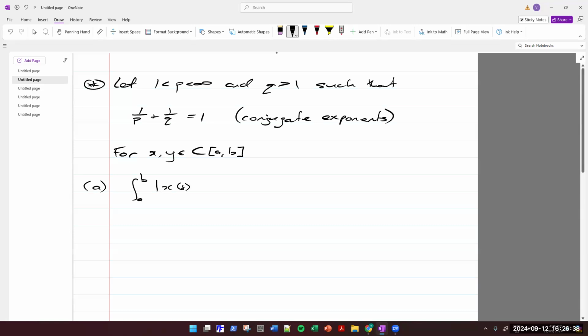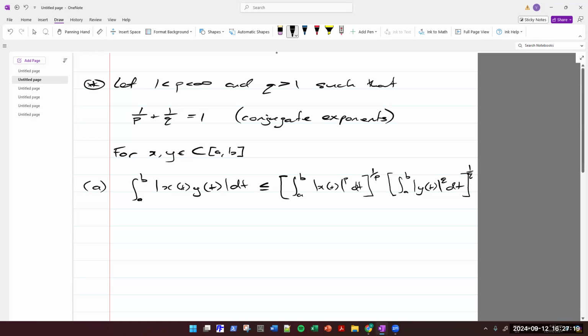of the modulus of x of t, y of t, dt, I want to show that this number is less than or equal to the integral from a to b of modulus x of t raised to the power of p, and then the pth root of it, multiplied by the integral from a to b of modulus y of t to the power of q, and then the q root of it, 1 over q.